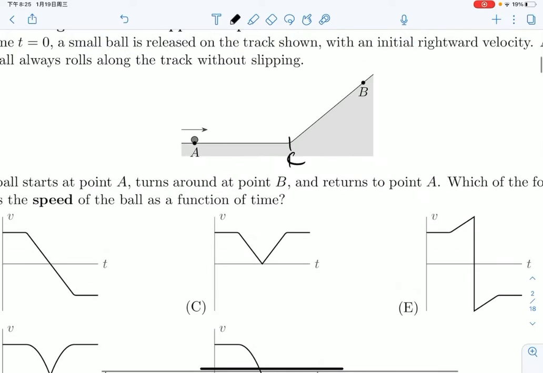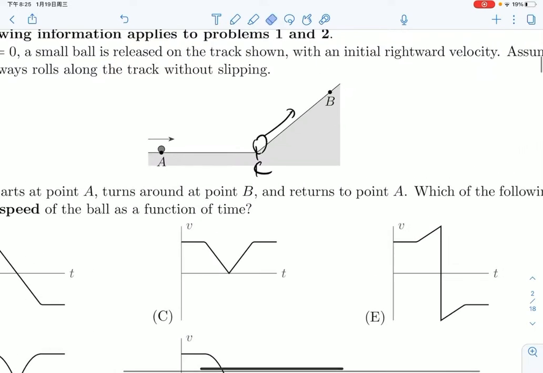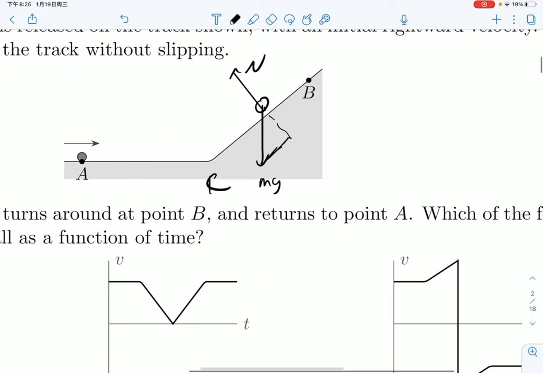And when it goes up from here to that point, and when you draw a free body diagram, here's mg, and here's N. You can see the only component that is causing the acceleration is the parallel component, which is mg sine theta, and this angle is theta.